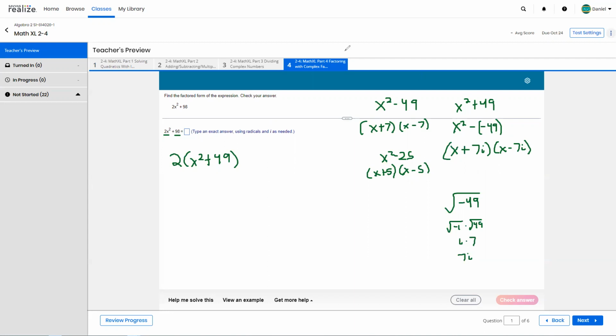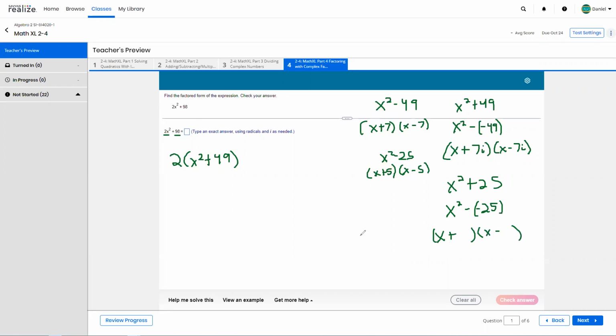Just to give you another example, let's say x squared plus 25 is what we're trying to factor. We make this x squared minus negative 25, because minus a negative is the same as plus. Now we do the difference of 2 squares: x plus, and then x minus.